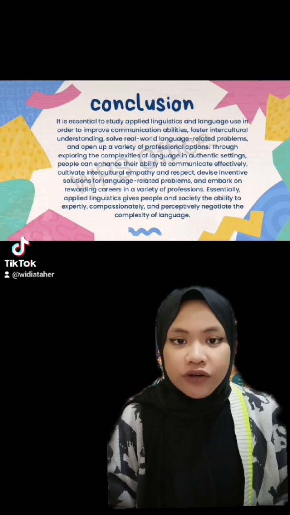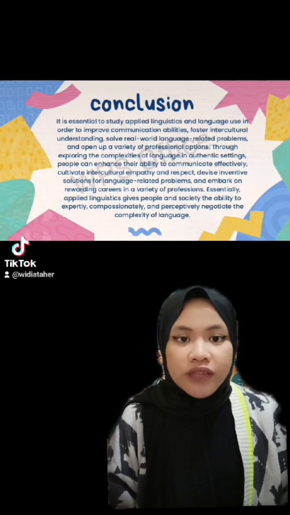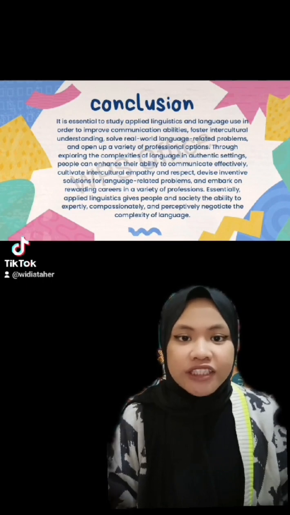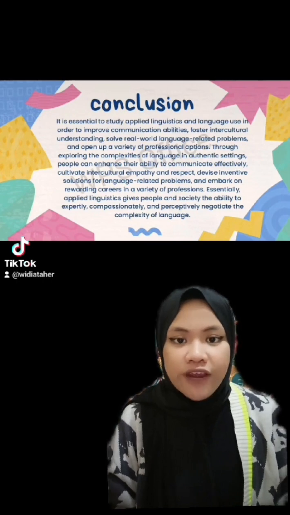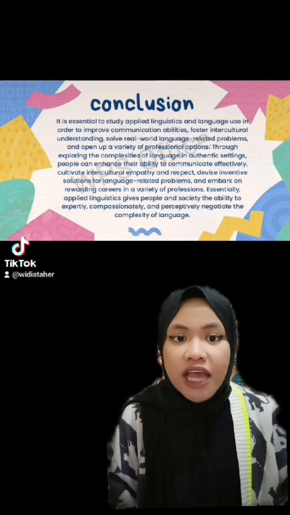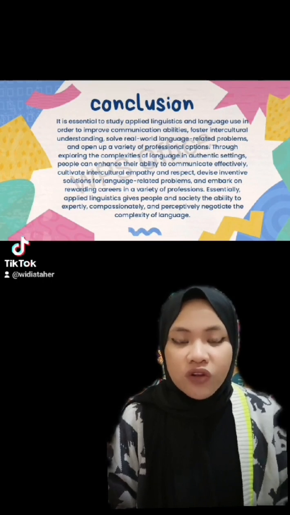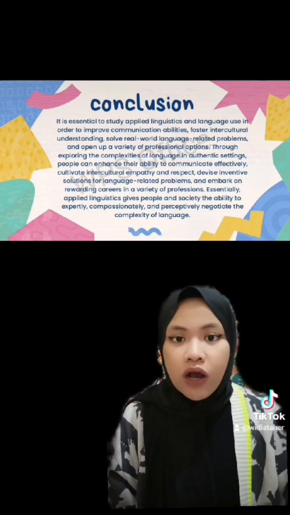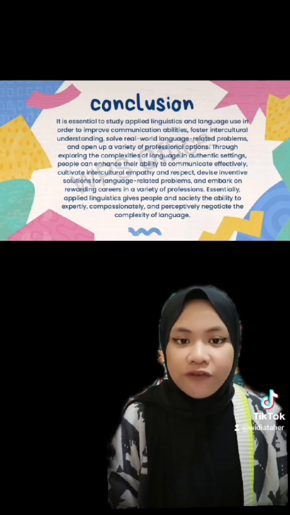Through exploring the complexity of language in authentic settings, people can enhance their ability to communicate effectively, cultivate intercultural empathy and respect, devise inventive solutions for language-related problems, and embark on rewarding careers in a variety of professions.